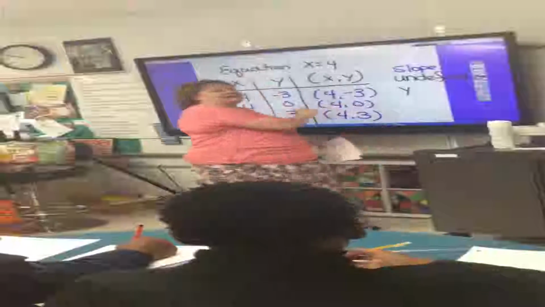Okay? At the bottom, under that, it says slope. What is the slope of a vertical line? It's undefined, which is not the same thing as 0, is it? So you write undefined, and the y-intercept. Is this line going to intercept the y? No. It is not.